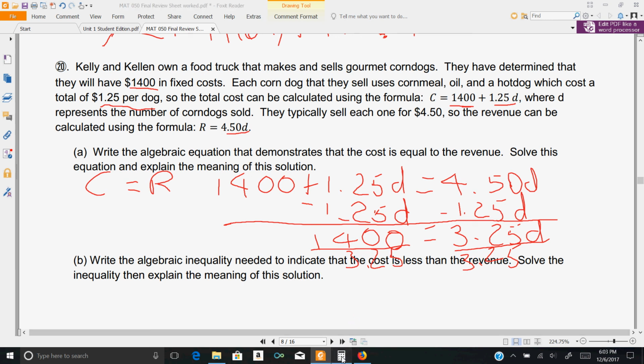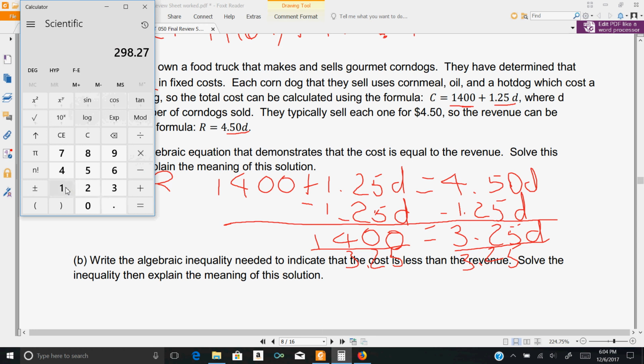I end up with D equals 1400 divided by 3.25. And the number of corn dogs equals 431.